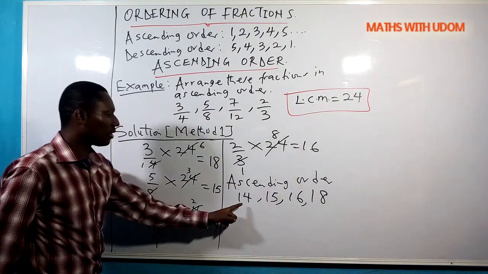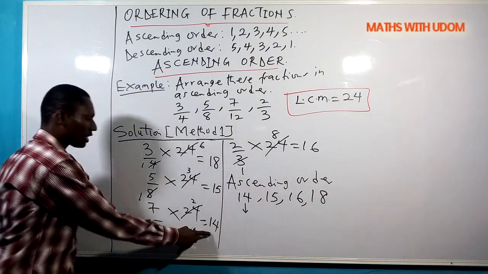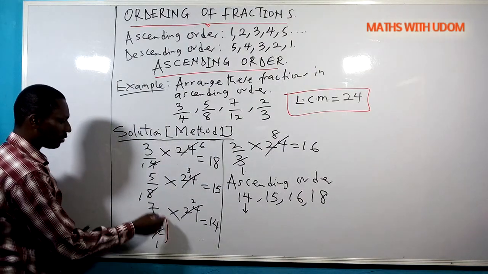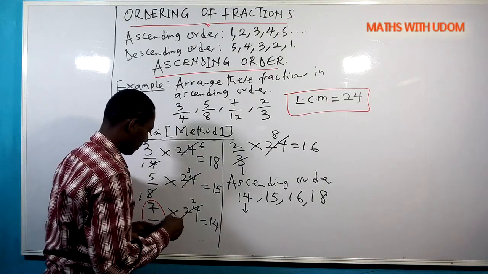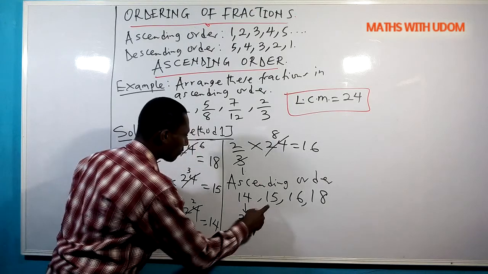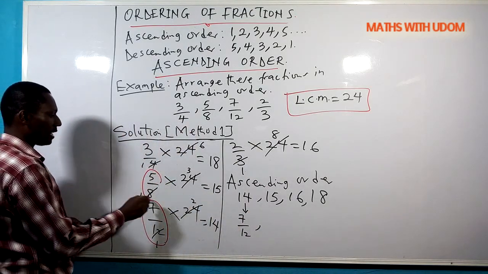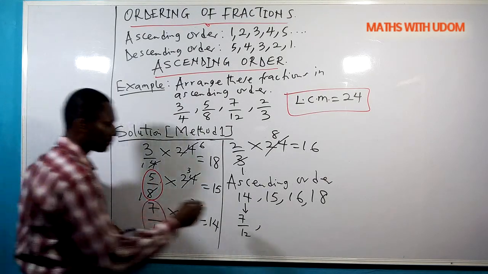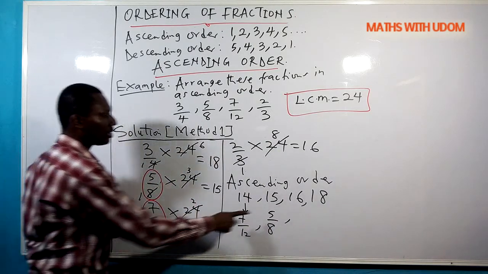So what fraction gave us 14? Okay, what fraction gave us 14? This 14. Okay, 7 over 12 gave us this 14. So we write 7 over 12. What fraction gave us 15? This 15. 5 over 8 gave us 15. So we write 5 over 8. What fraction gave us 16?